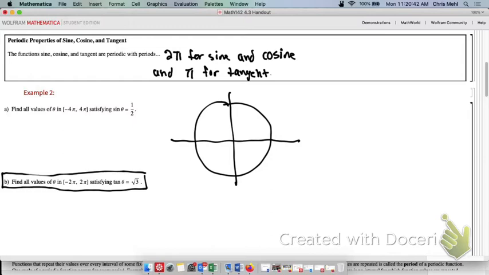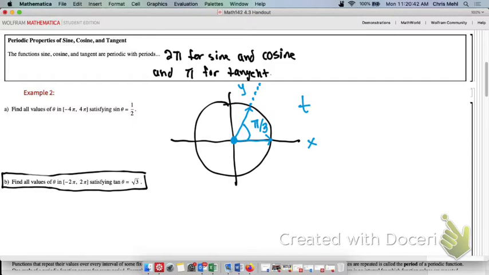Now on the unit circle, here's an angle in standard position with its initial side on the positive x-axis. And it turns out that the angle of pi over 3 is the only angle so that the terminal side of the angle has slope root 3.